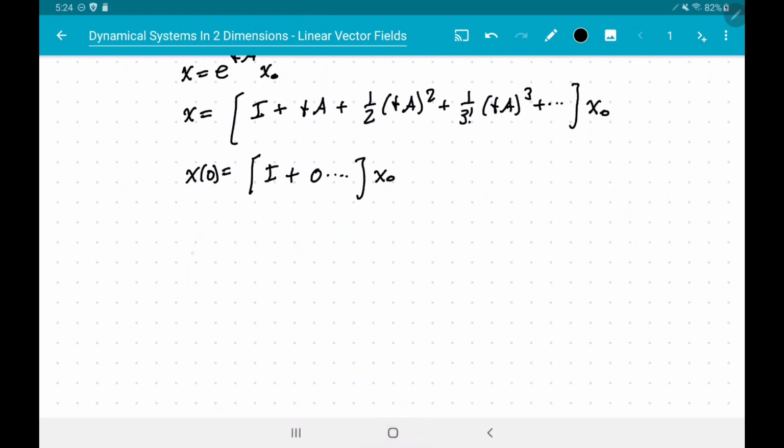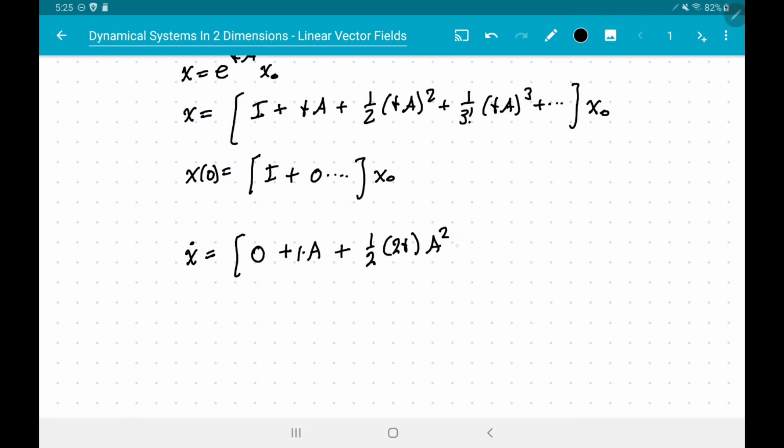Then for the derivative part, well, there's two ways to see this. One is to simply differentiate the power series one term at a time. So we get nothing for there. We get 1 times a here. And remember, we're doing the derivative with respect to t. So there we go. The derivative of t squared is 2t.